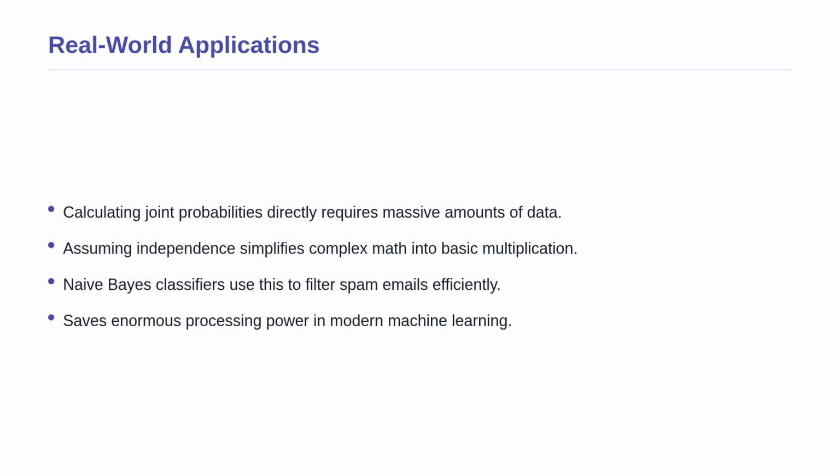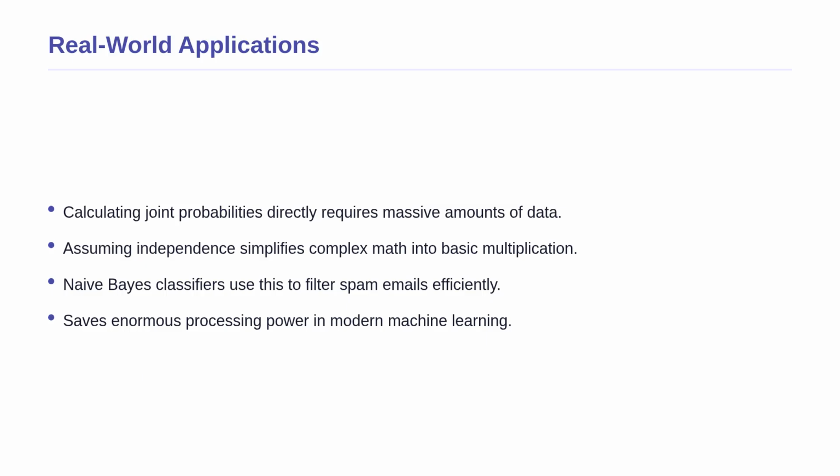You might be wondering why we care so much about these hidden variables and independence in the real world. Dealing with multiple variables at the same time is incredibly complicated. Calculating joint probabilities directly requires massive amounts of data and complex math.